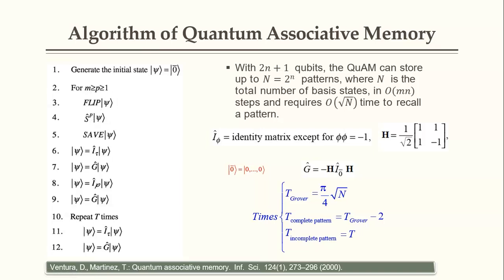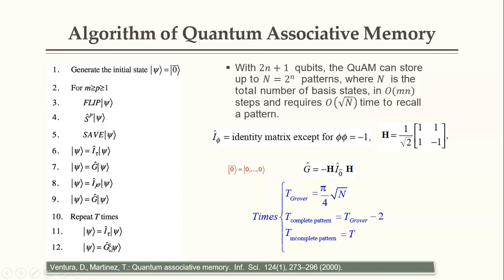Then save |psi>: save the current quantum state |psi> as a reference for future operations. It ensures that intermediate results can be reused or checked during computation.